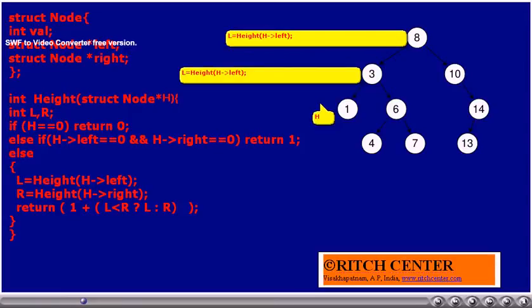Now this time h value will be pointing to the node whose value is 1. That is, it is the left child of the node 3. If we observe, h value is not 0, as it is a node in the tree, and however it is a leaf node, thus the function returns 1.